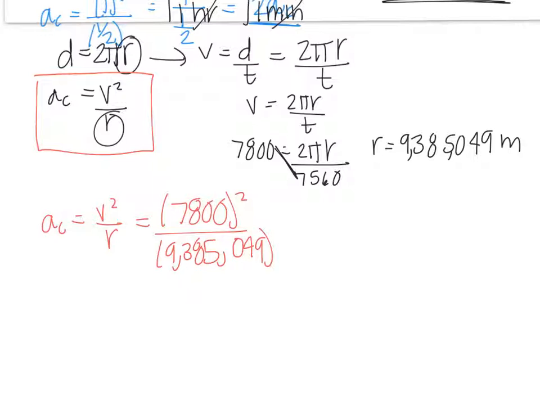If you solve that, you will get acceleration equal to 6.48. What's the units? Meters per second squared. Okay. Acceleration is also a vector.